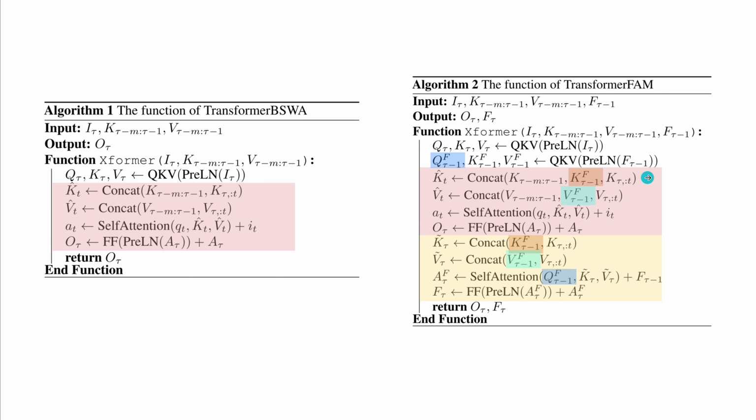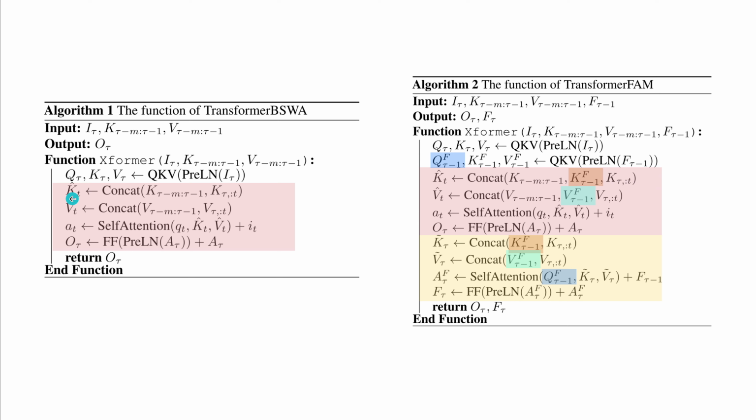So as you see here, we have now our feedback from the block tau minus 1, and we calculate specific query, key, and value feedback operators. And as I've color-coded this, you see we have those as additional tensors that we have to integrate in our calculation. Let's take the first one, k hat.